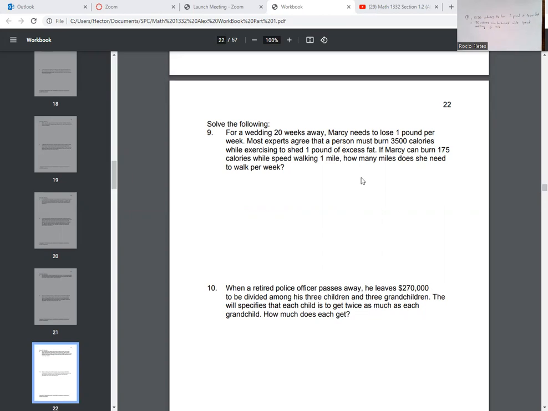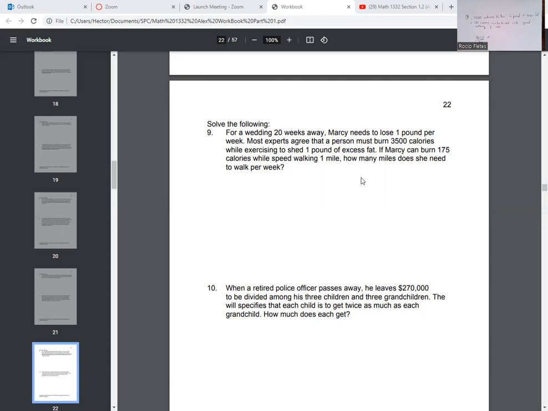Well, remember that she has 20 weeks, right? So if you take 3,500 and you divide it by 175, because if we speed walk 1 mile, 175 calories can be burned, right?